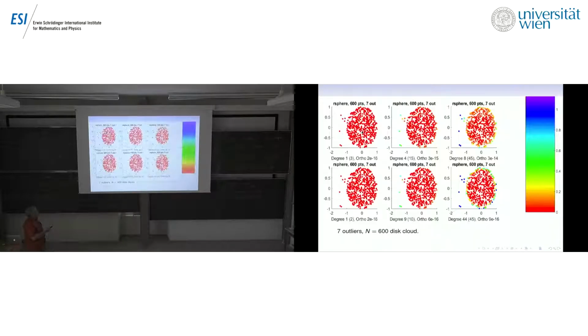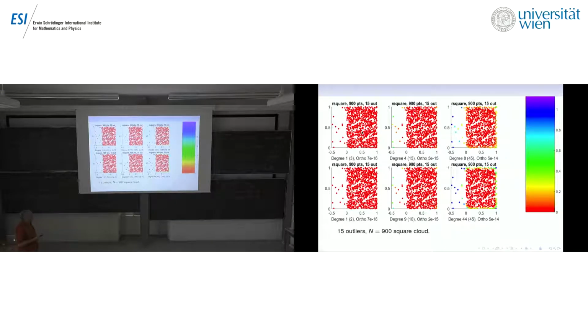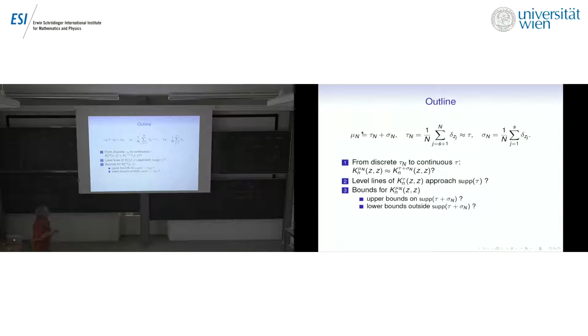And I'll mention quickly how we do these computations. This is very recent work. So the outline is the following. We have a measure, we discretize it with equally distributed points. And the question is how fast the discretized Christoffel kernel converges to the real one.